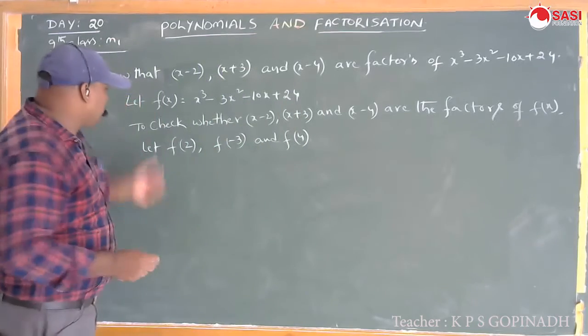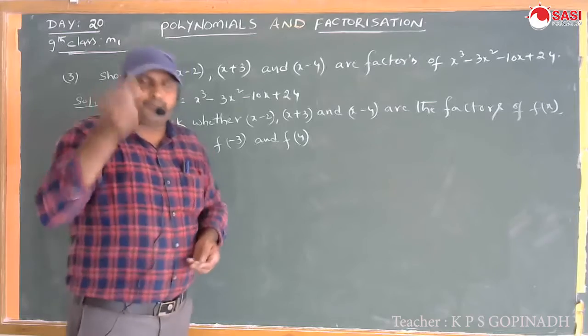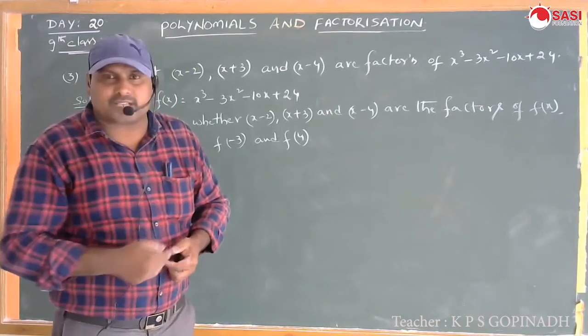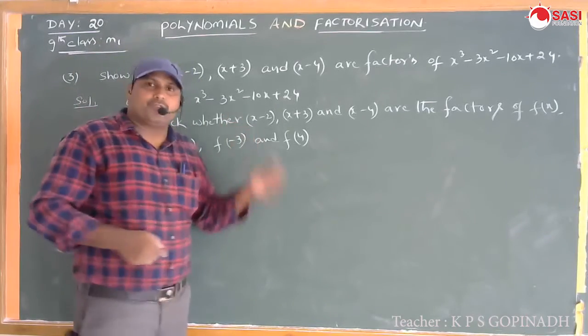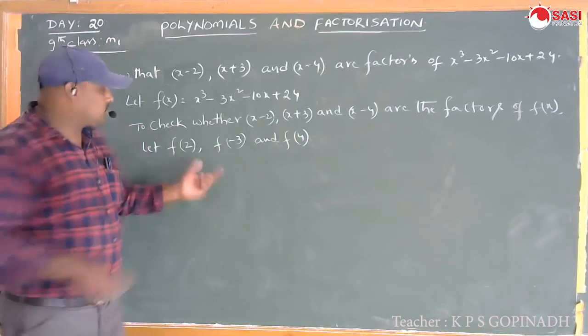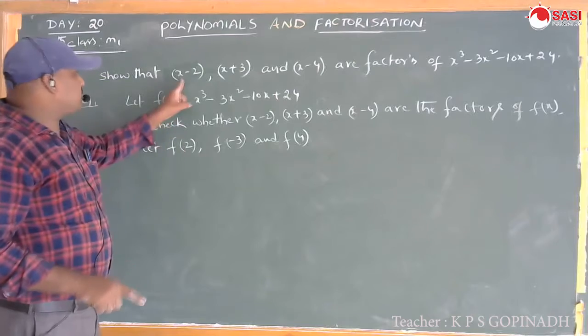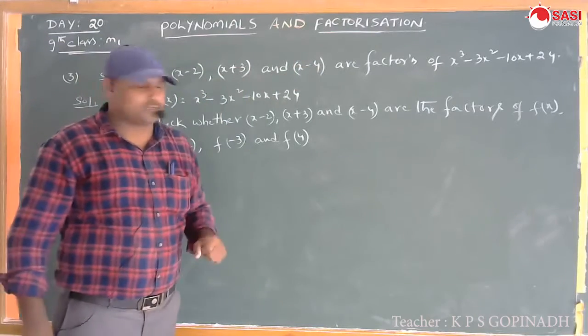Okay, so now by the factor theorem, what does it tell us? If p of a is equal to 0, then x minus a is a factor of p of x. So if we show that f of 2 equals 0, then x minus 2 is a factor of f of x. Like that.